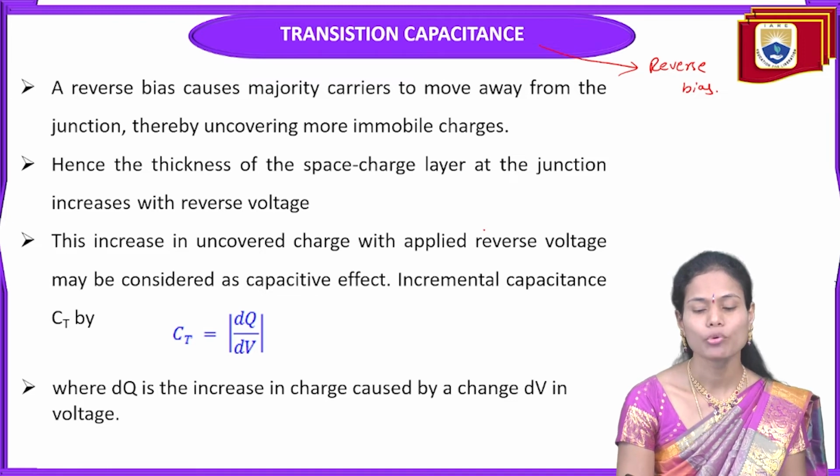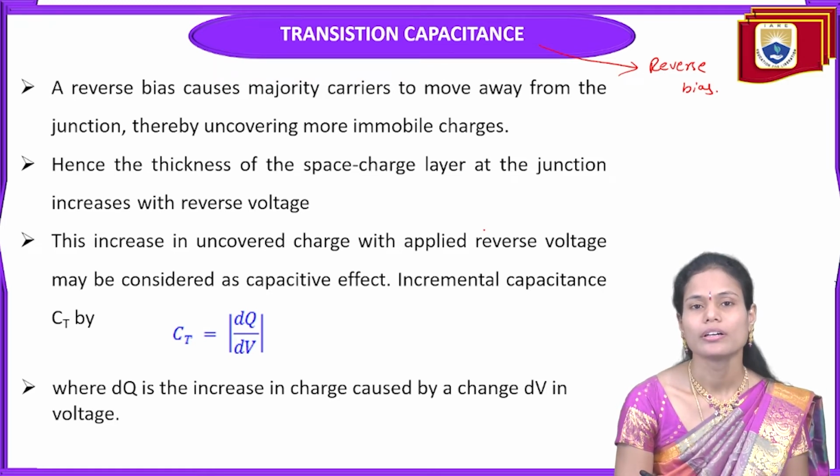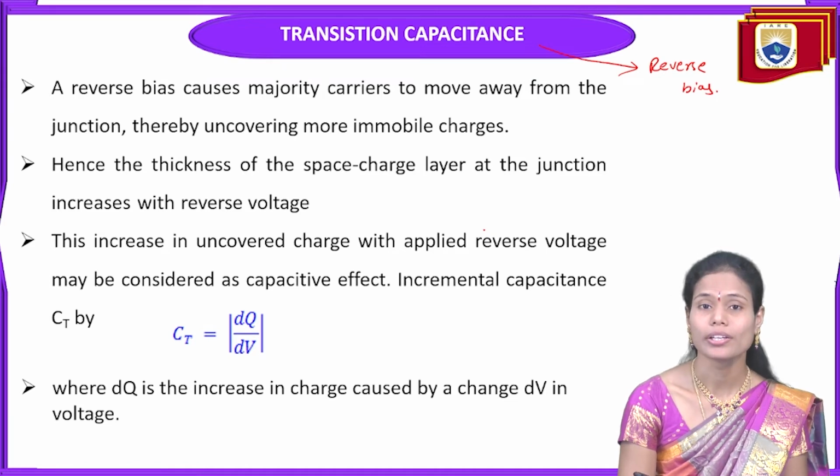So thereby uncovering more immobile charge carriers across the junction or in the depletion region. Because of the accumulation of more charge carriers in the depletion region, the thickness of the space charge layer at the junction will increase here.